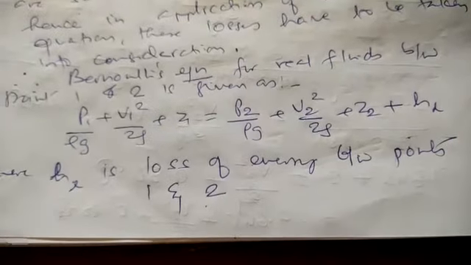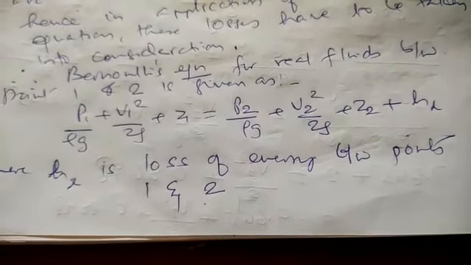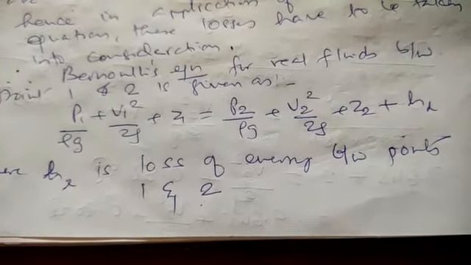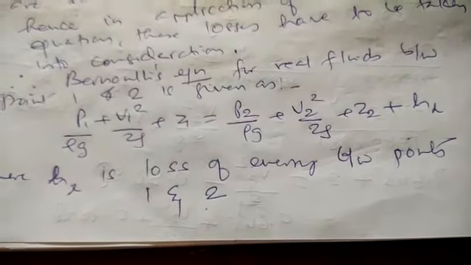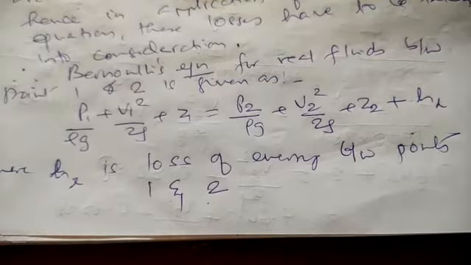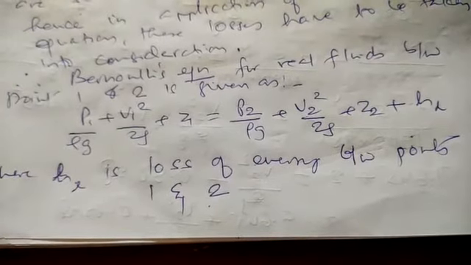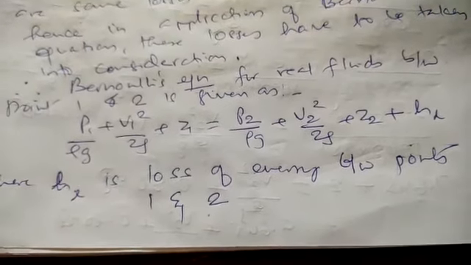So this equation is called Bernoulli's equation for real fluids, where we are taking into consideration the losses which are taking place between any two sections. Now we are taking section 1 and section 2, so the loss HL indicates the loss between section 1 and section 2.